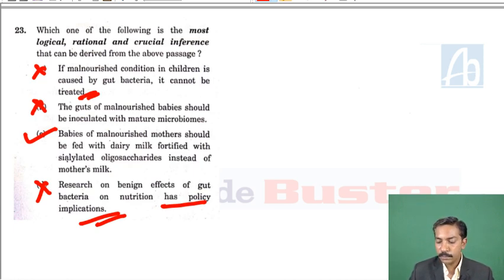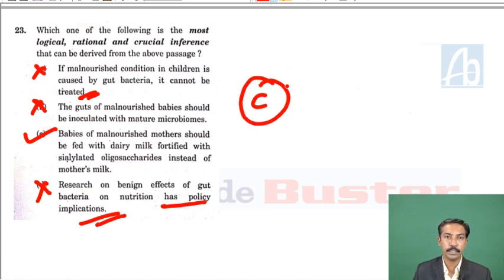This is not utilized by the baby for its own nutrition. Going by that reference and the next sentence, however, the bacteria constituting the infant's microbiome thrive on this sugar, which serves as their food. So going by this, we can consider option C as the crucial inference for this passage. Answer is option C for question number 23.